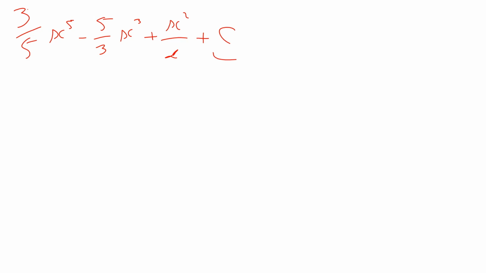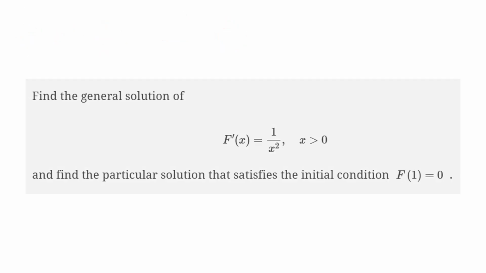We didn't have a way to find this constant here because they didn't give us additional information about the function. However, in this example, they asked us to find the general solution for this function here, and also find the particular solution that satisfies the condition f of 1 equal to 0, which is an initial condition.